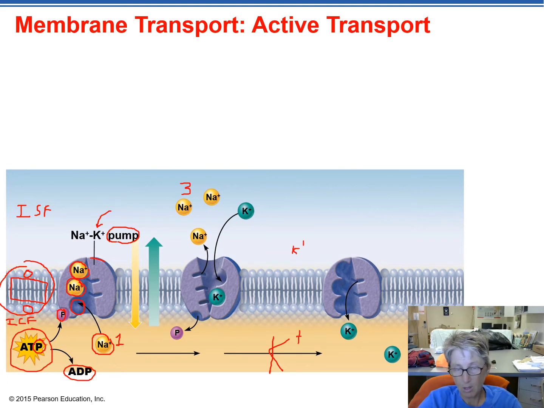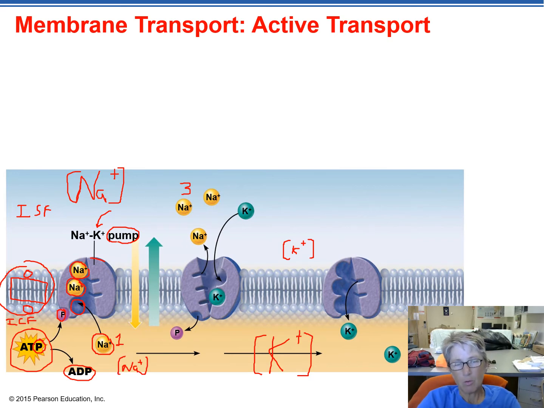So I draw a little K and draw the brackets for concentration. I could do that for sodium as well. Sodium concentration in general is really high outside the cell in the interstitial fluid, and then it's got a real low concentration inside the cell, in the intracellular fluid.